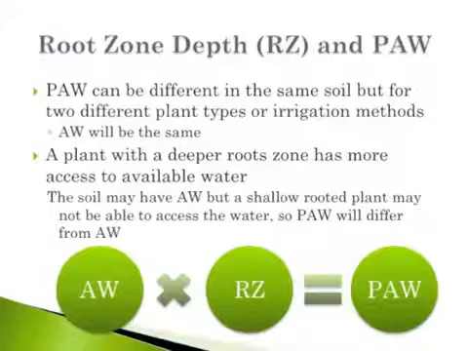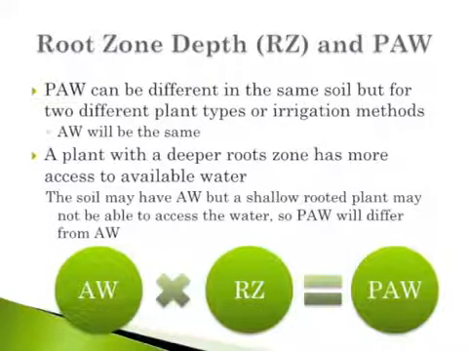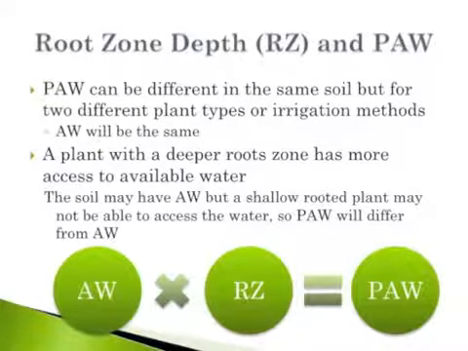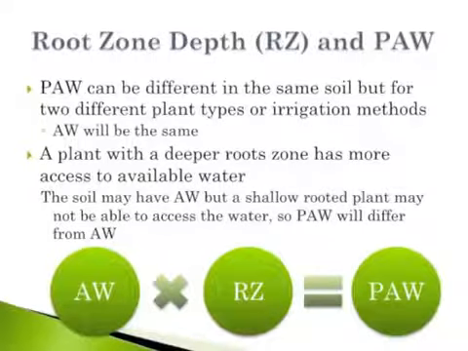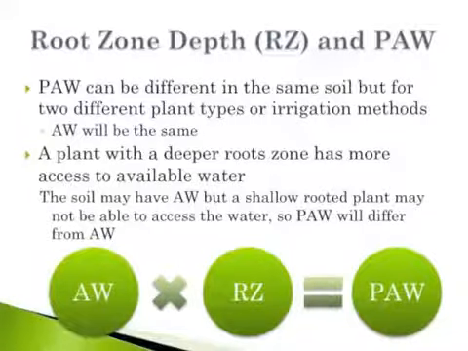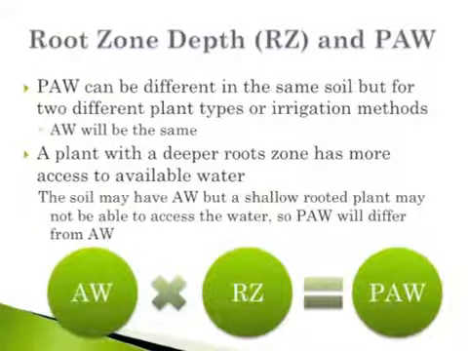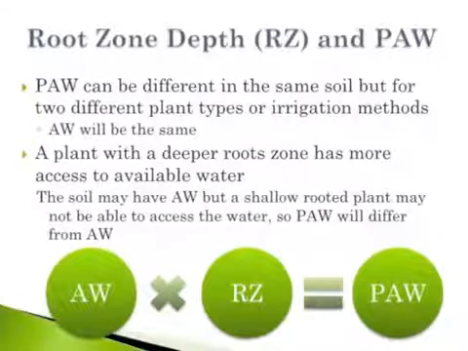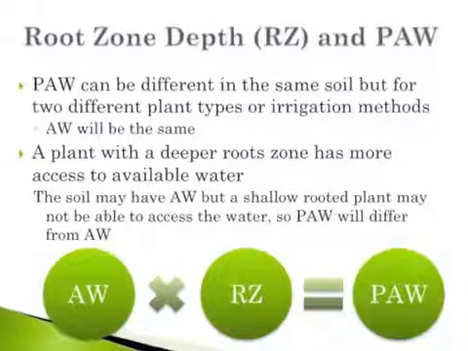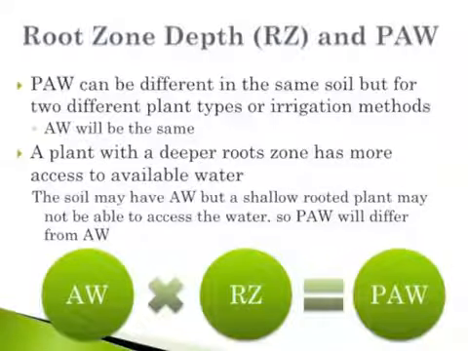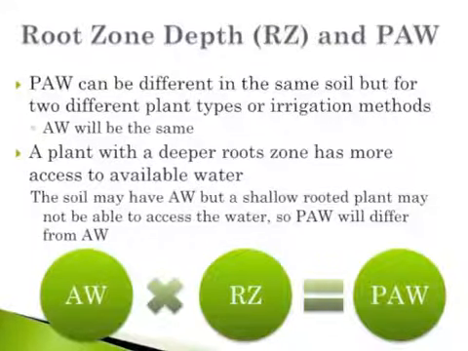So the first calculation we're going to look at is available water. Again, that comes in inches per foot or a percentage. And I always like in this equation to convert my available water into inches per foot, because I think it's much easier to understand. We multiply that by our root zone depth, and our root zone depth we want in feet.